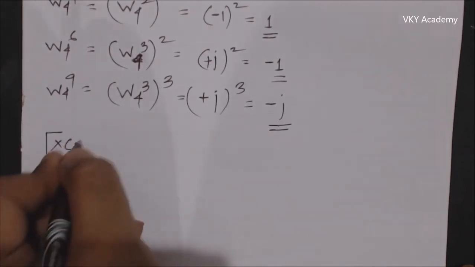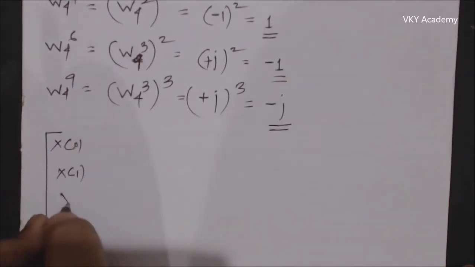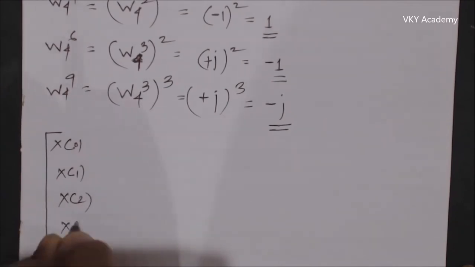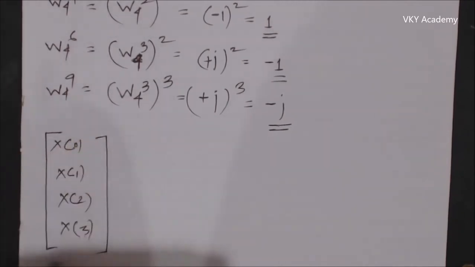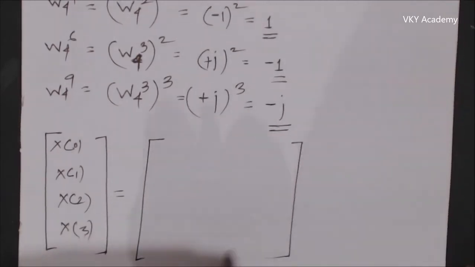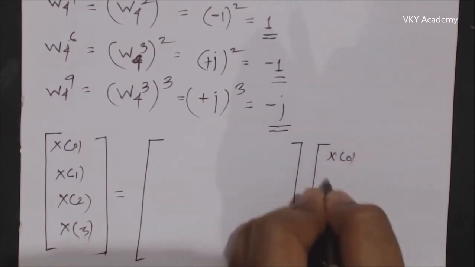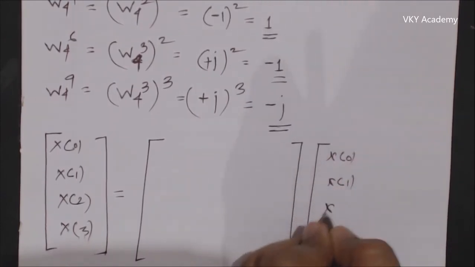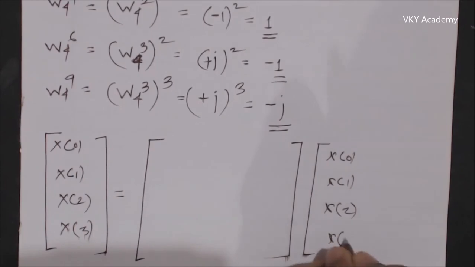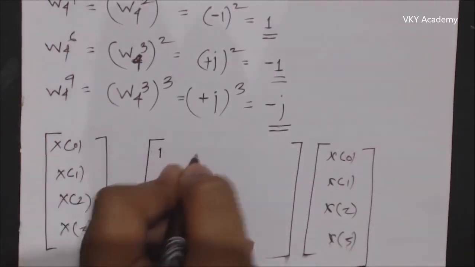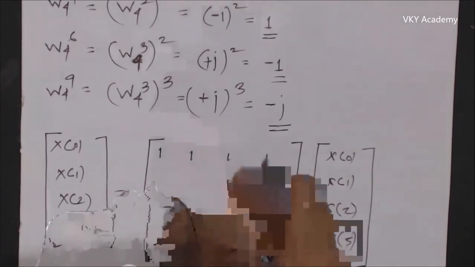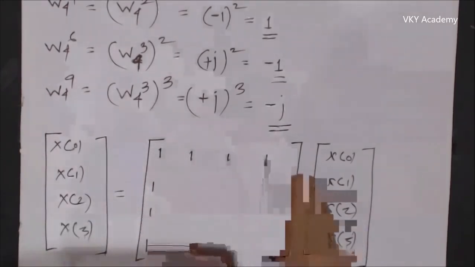This is capital X of 0, capital X of 1, capital X of 2, capital X of 3, my output matrix. This is my W matrix, and this is my input, small x of 0, small x of 1, small x of 2, small x of 3. So the first row and first column is 1.